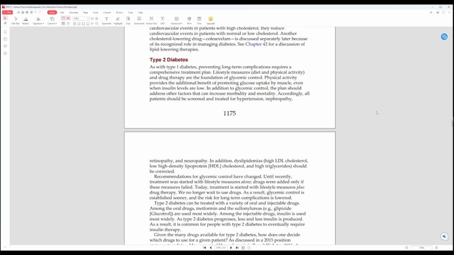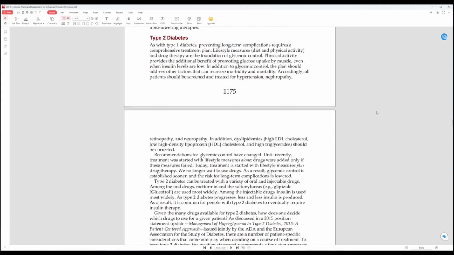Type 2 diabetes. As with type 1 diabetes, the prevention of long-term complications requires a comprehensive treatment plan. Again, lifestyle measures, your diet and physical activity, and drug therapy are the foundation of glycemic control. Physical activity provides the additional benefit of promoting glucose uptake by muscles, even when insulin levels are low.